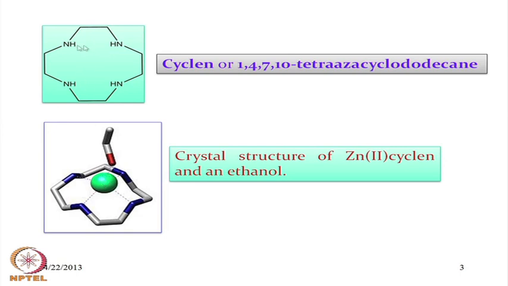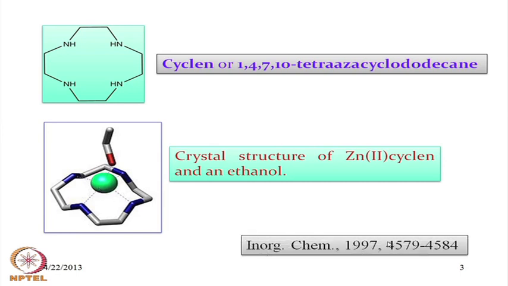So, this ligand is providing 4 nitrogen donor atoms, and the 5th one is provided by the ethanol. This particular geometry is much more flexible, and we have a puckered geometry for the ligand system. This can be found in the reference from Inorganic Chemistry, American Chemical Society.